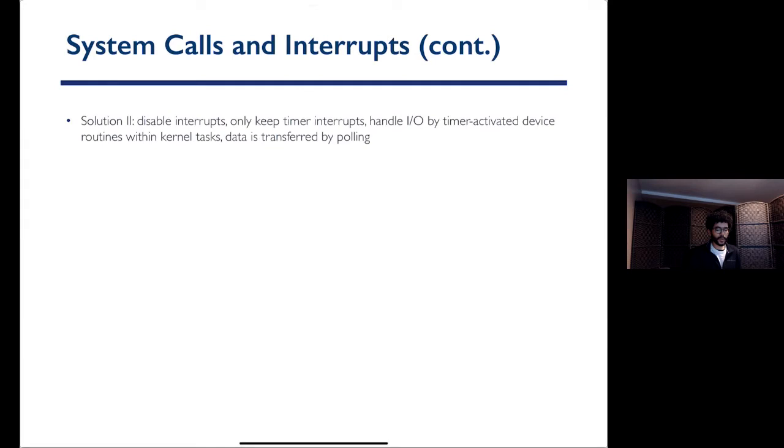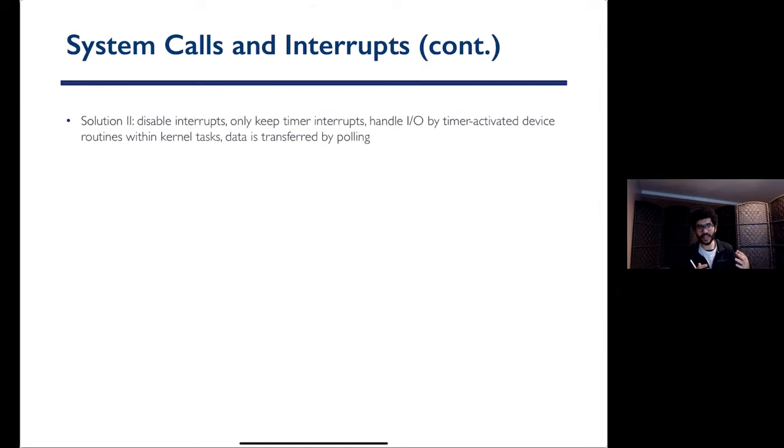Okay, now that was solution number one. Solution number two is, okay, maybe it's not a good idea to do this. So instead, let's again disable all the interrupts, not have interrupts, and keep the timer. But instead of asking tasks to directly talk to the I/O devices, I can create these timer activated device routines.